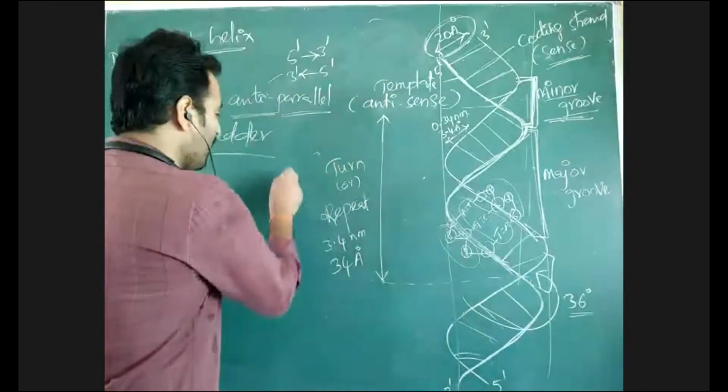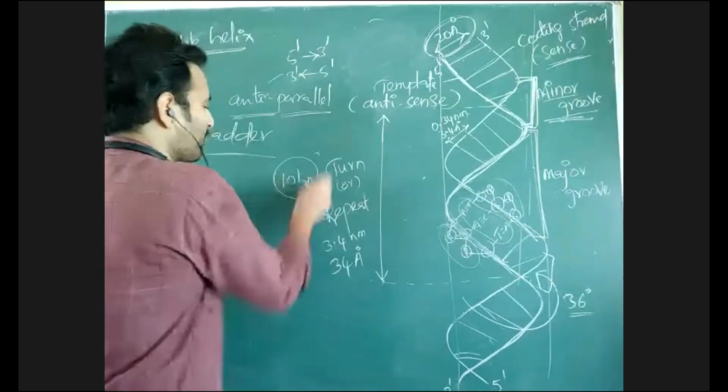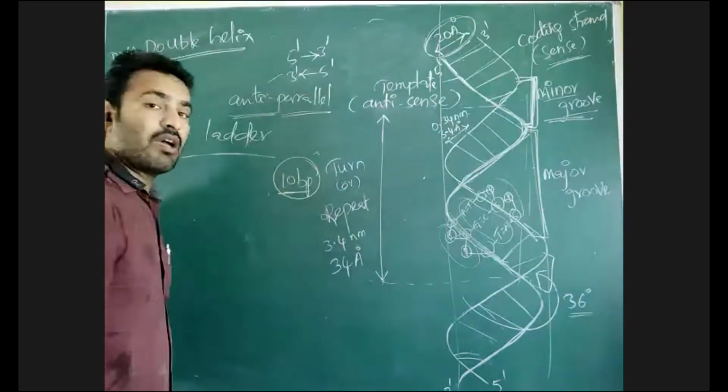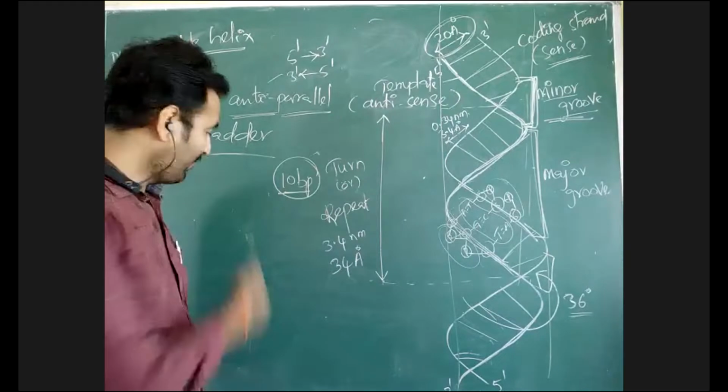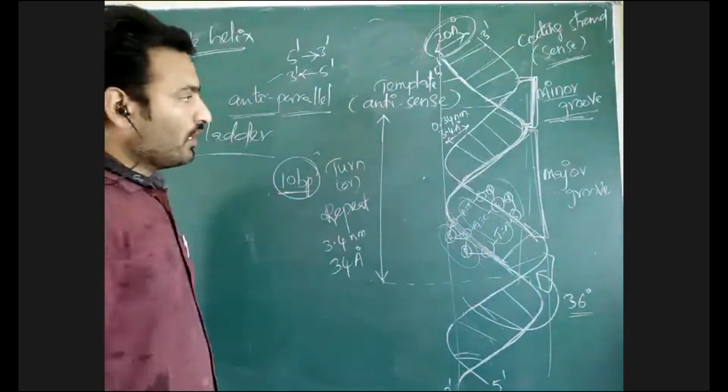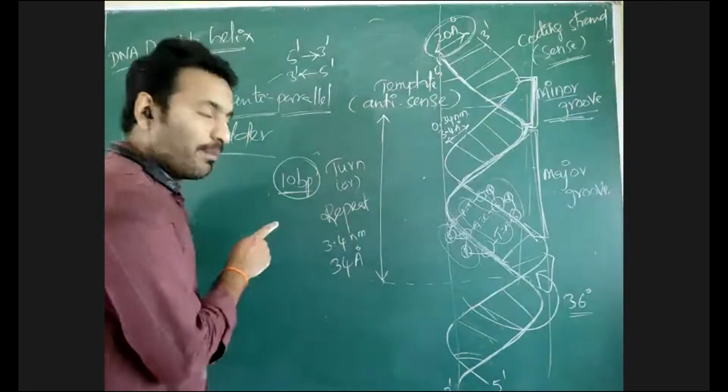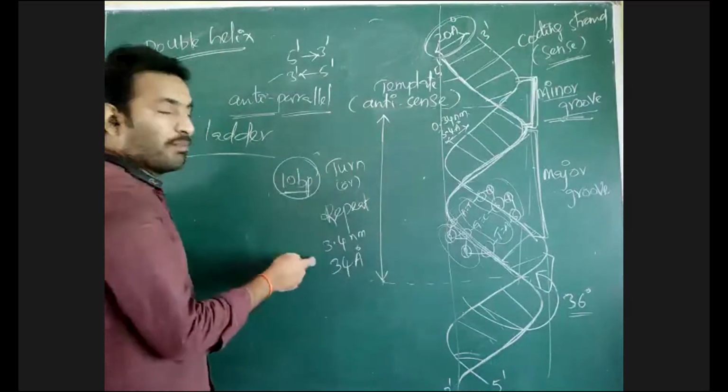This turn or repeat always has 10 base pairs. This is a particular common type of DNA called B-DNA. I will tell you the types of DNA. The basic type of DNA has 10 base pairs.